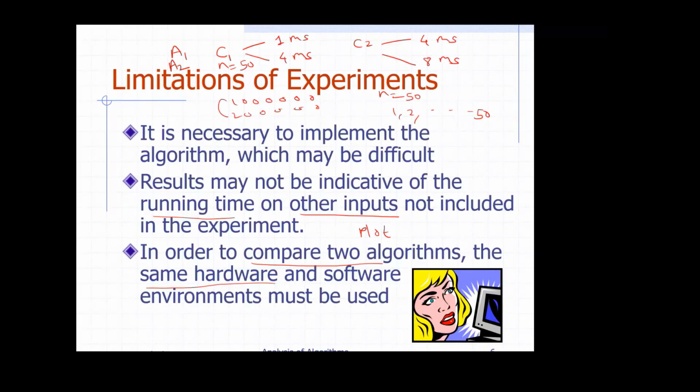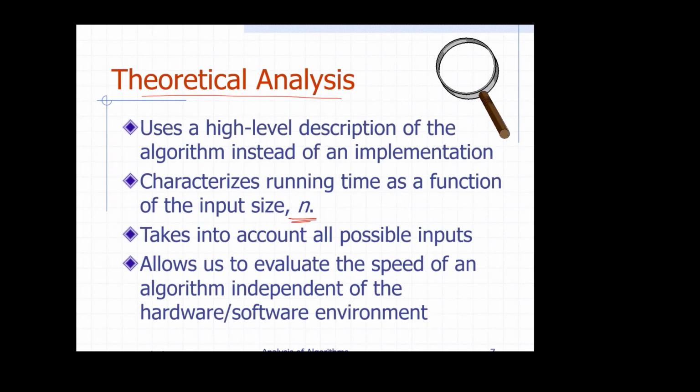Now, this discusses the limitations of doing it by actual implementation. That's why we are coming to theoretical analysis. So how do we do theoretical analysis? We use the algorithm format that we studied last time. Every problem we solve step by step, and it is in our algorithm format.